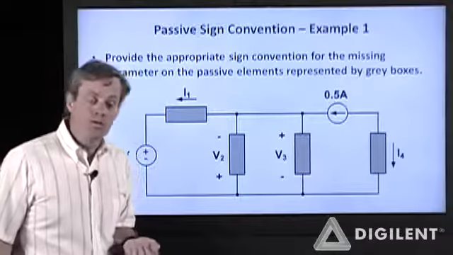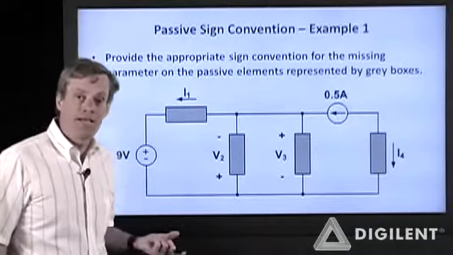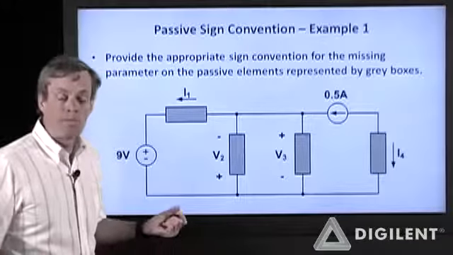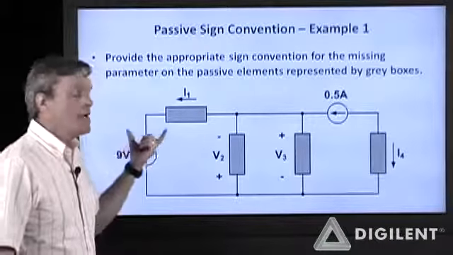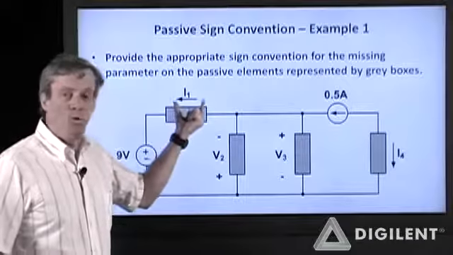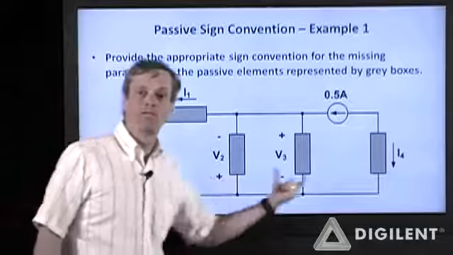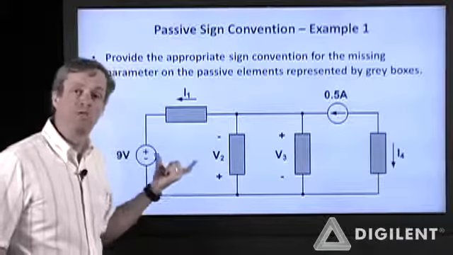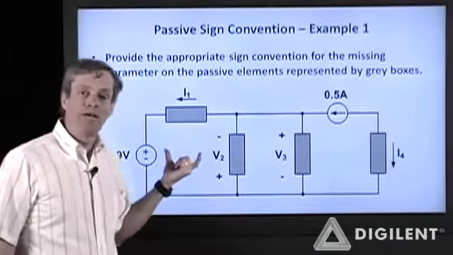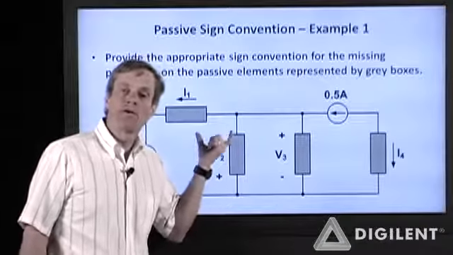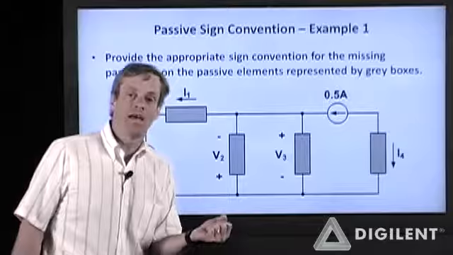What we do need to do is assign our passive sign conventions to the 4 passive elements represented by gray boxes. Now what I've done is given you what I am going to dictate as the positive direction for either voltage or current on each of those. You need to assign the positive value for the other parameter on each of these passive elements.